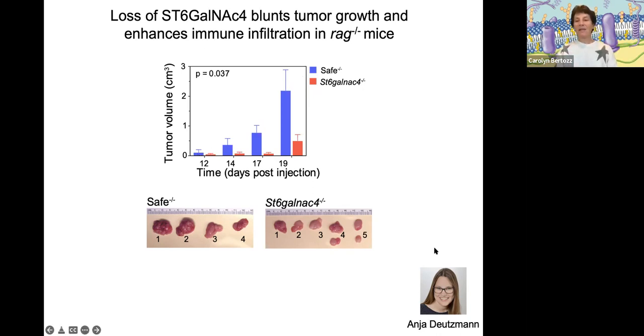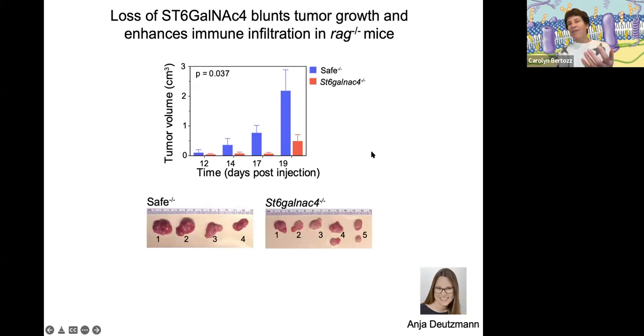So you can see, this is work from Anya in Dean's lab. She inoculated mice with either safe targeted or ST6-GalNAc4 knockout CRISPR cell lines of the TALL host. And as a function of time, the tumors are growing much more aggressively in the wild type or safe targeted cells versus ST6-GalNAc4 knockouts.